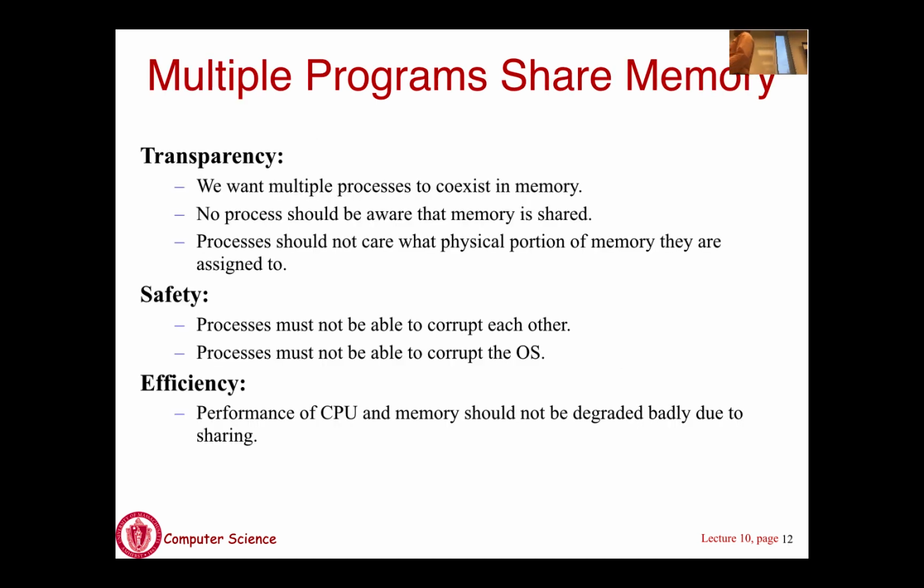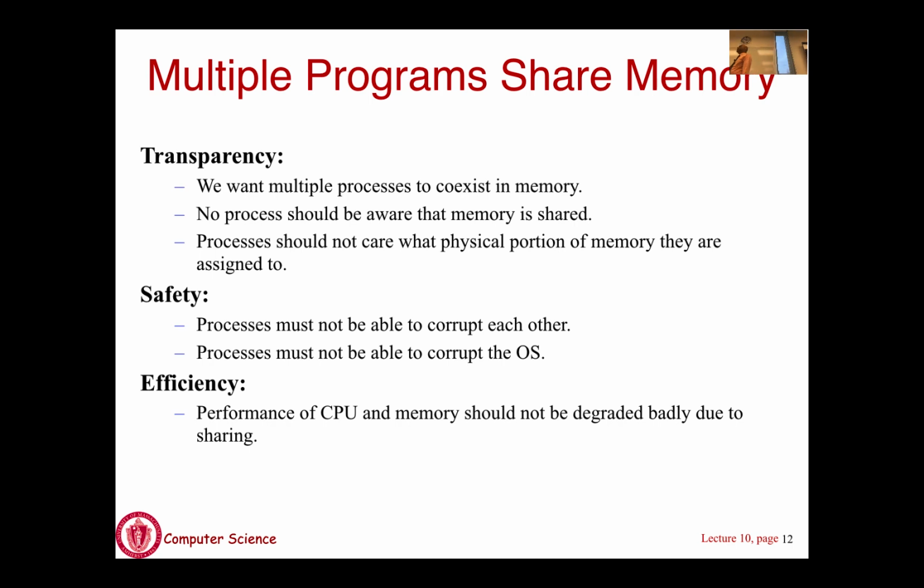Now, in a multi-program system, since multiple processes are sharing the same RAM, we need some nice properties. The first one is transparency. The program should run the same regardless of where it's loaded in memory. The program shouldn't care where it's loaded. The OS decides and the process just executes as is.